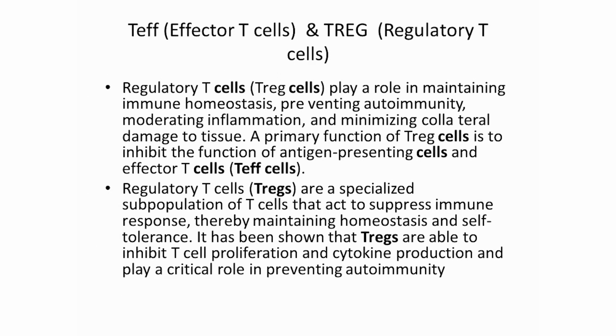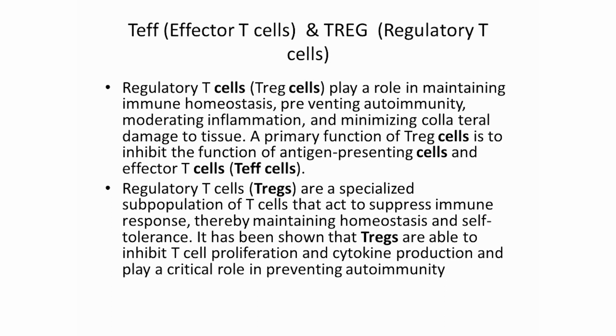So T effector cells and T regulatory cells, that is another term. T regulatory cells play a role in maintaining immune homeostasis. Immune homeostasis is the word, because the immune mechanism and inflammation is just the first phase. The second phase comes, anti-inflammatory itself.